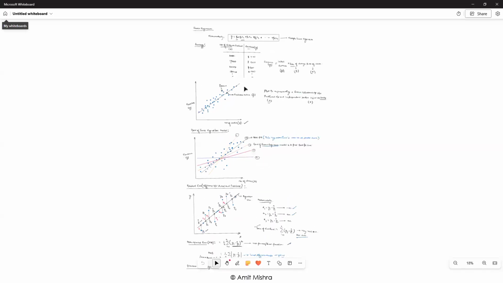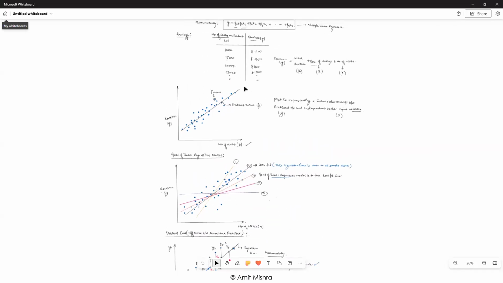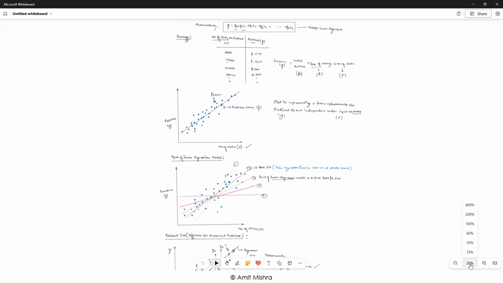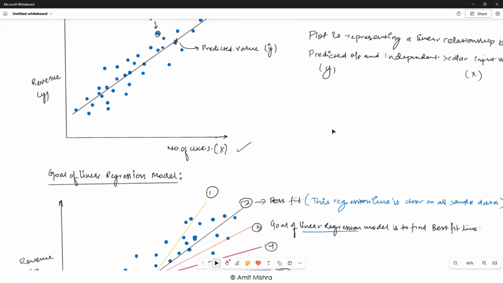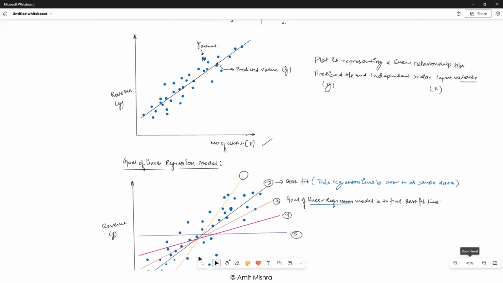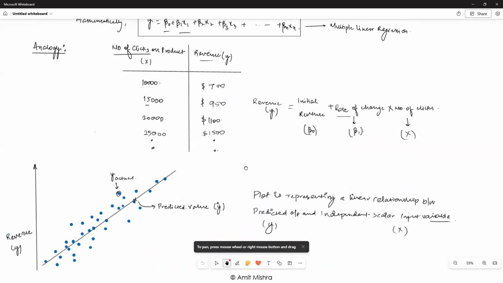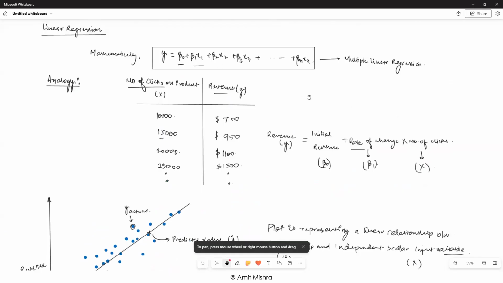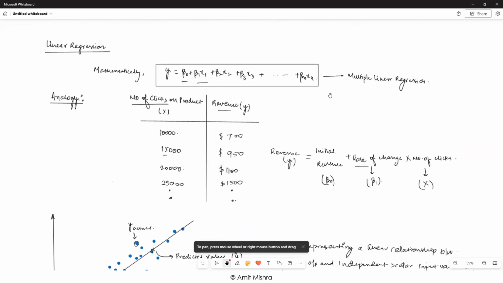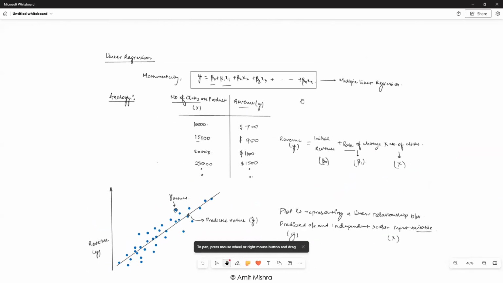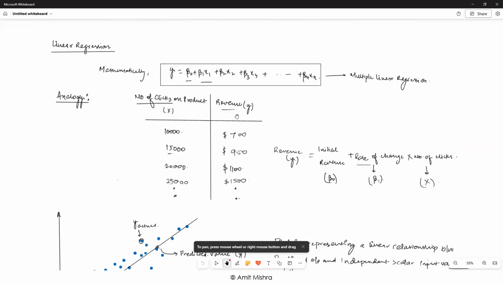So I'm taking a simple example of a multi-class classification. Sorry, not multi-class classification. What I meant to say is that I'm going to take an example of multiple input data and one target. Let us assume this is your multiple linear regression part. We have a revenue to predict.